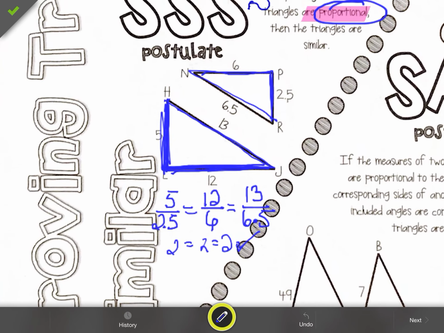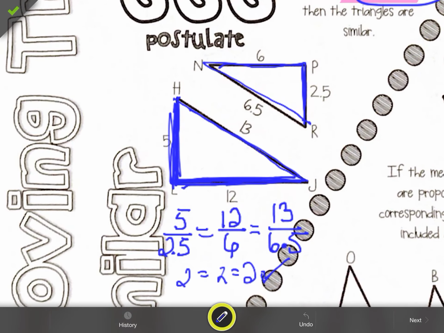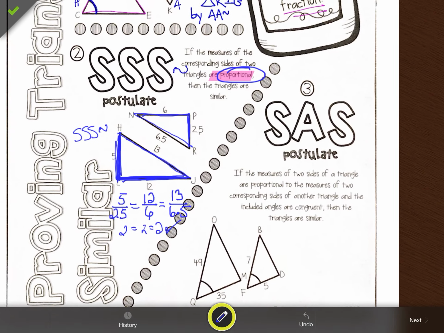And so your triangles are similar. So these would be side, side, side similarity. Your triangles would be similar by side, side, side similarity. Again, put your symbol so that we know you're saying they're similar and not congruent. If you do not put the symbol, you are telling me your triangles are congruent. And they are not. Clearly, they are not congruent.